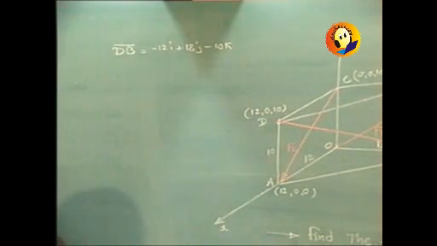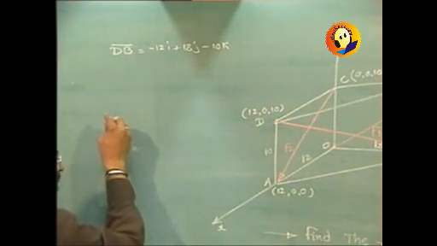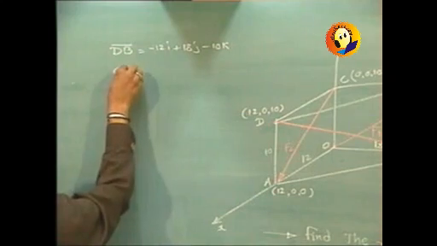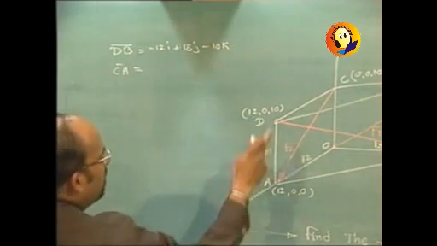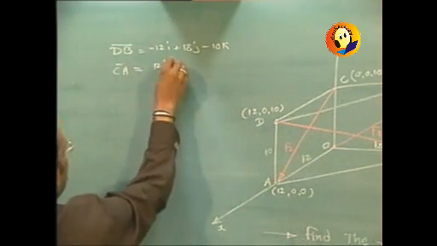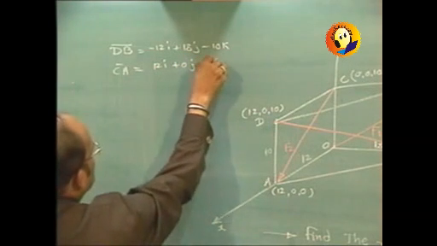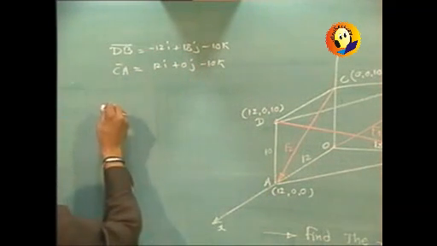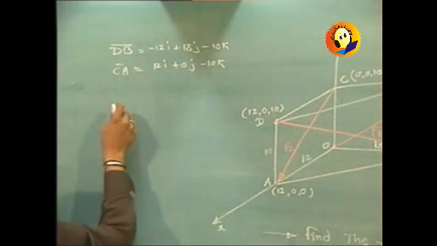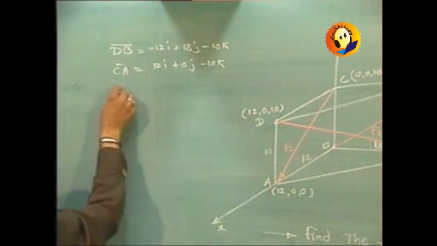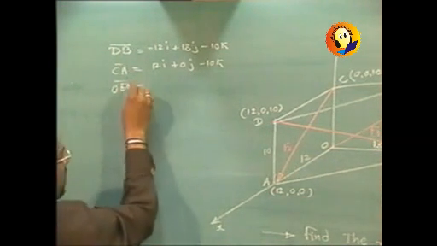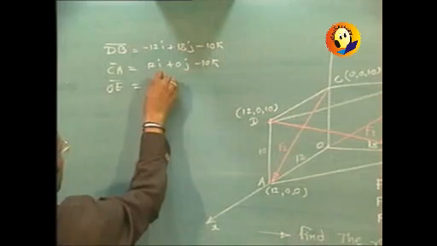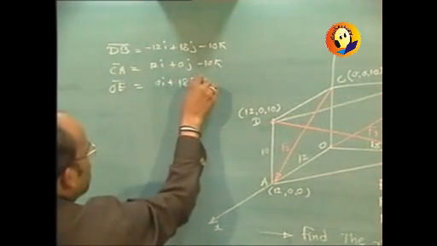That is DB bar. Then write down CA bar. So coordinates of A minus C, it will be 12i plus 0j minus 10k. And then OE bar, which will be 0i plus 18j plus 10k.